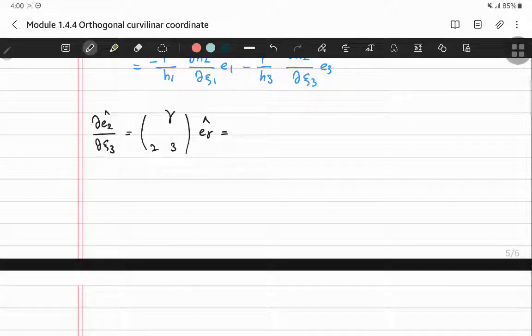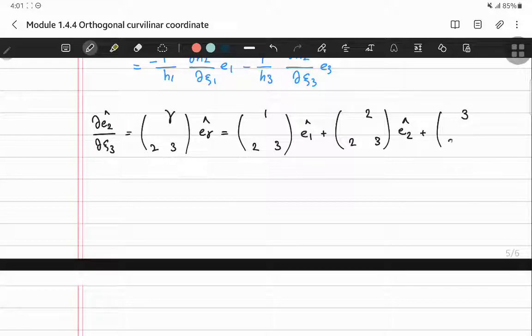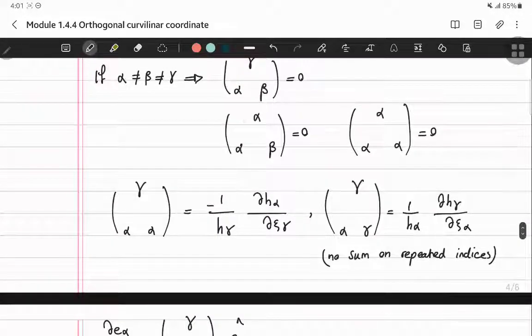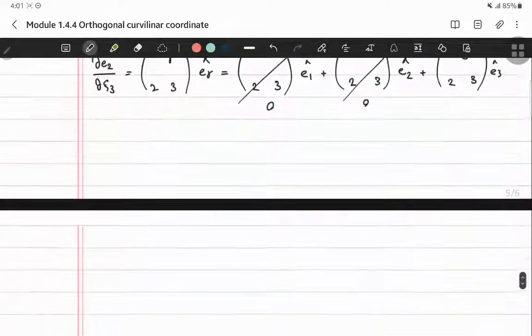So it is Γ¹₂₃ e1 plus Γ²₂₃ e2 plus Γ³₂₃ e3. This is 0. This is Γ²₂₃. This is also 0, since we have alpha, alpha, beta is equal to 0.